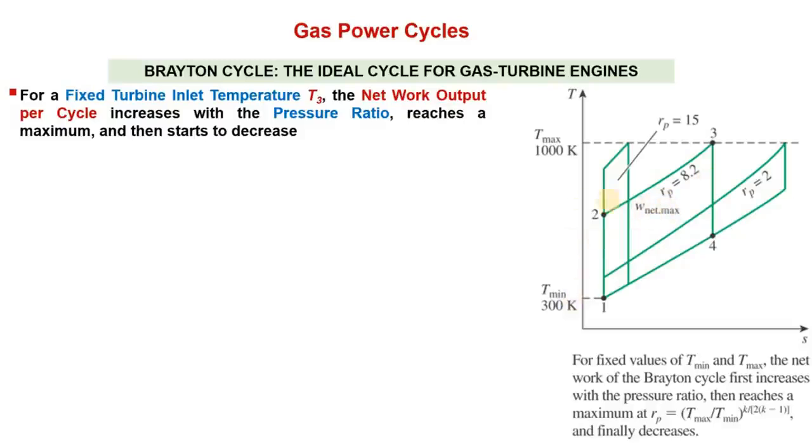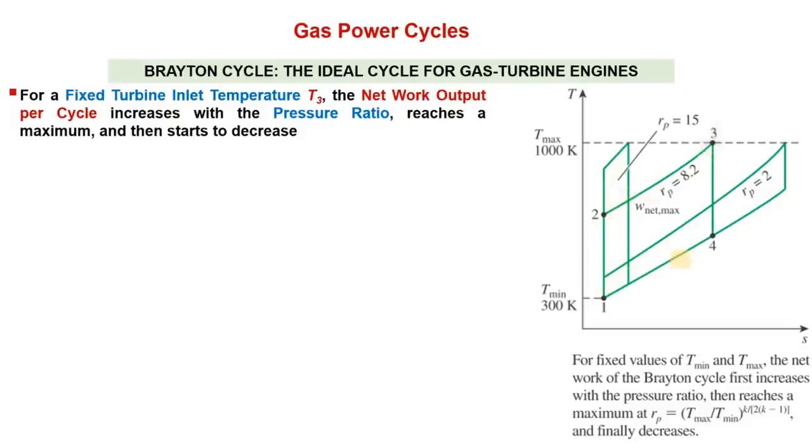If you further increase this pressure ratio, for example, this point 2 ends up here, then this will be the heating process to reach the same maximum temperature of 1000 Kelvin, and then this will be the expansion process, and that is the heat rejection process. So we shall see that this net work area is continuously increasing as the pressure ratio is increasing, reaches a maximum, and then it starts to drop, right?